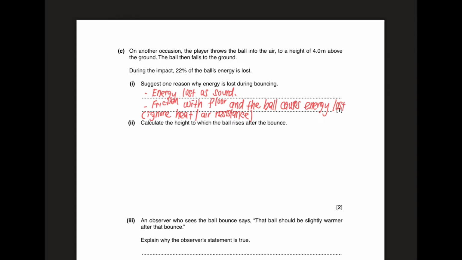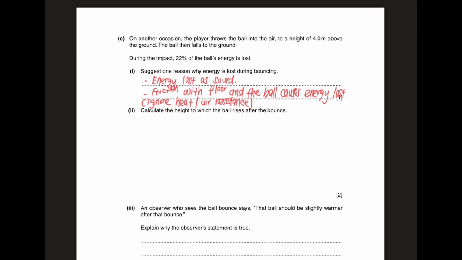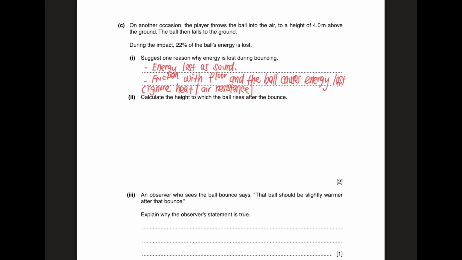Okay, so we look at C part 2: calculate the height to which the ball rises after the bounce. First we need to know that 22% of the energy is lost already, so we still have 78%.